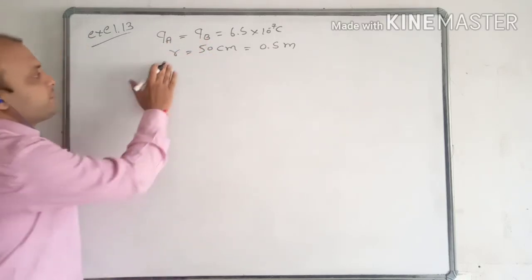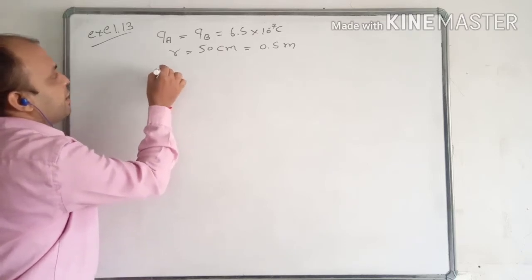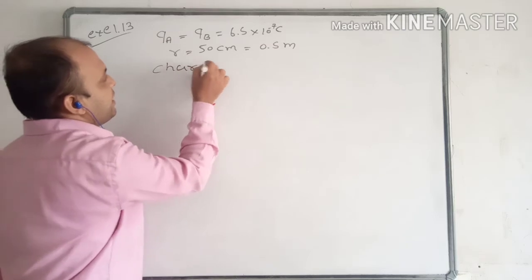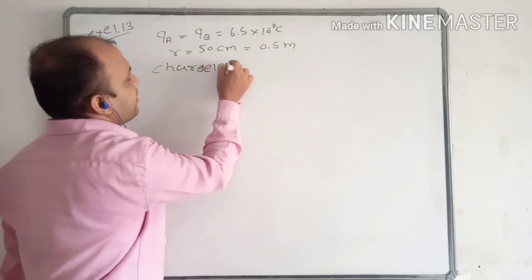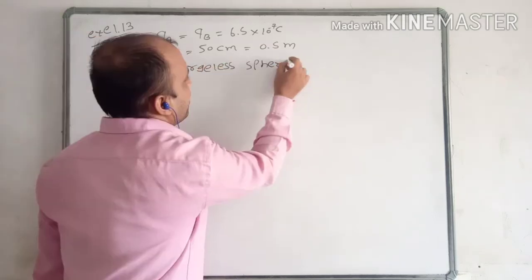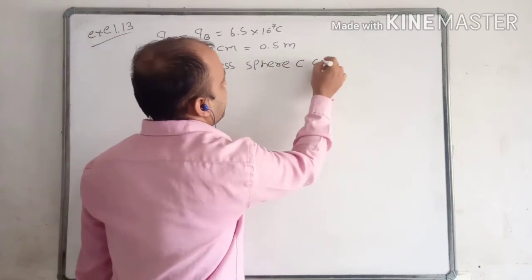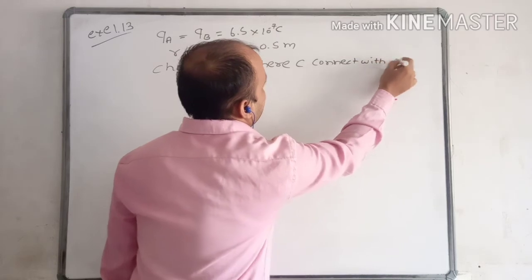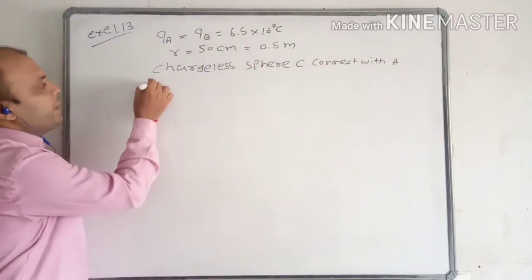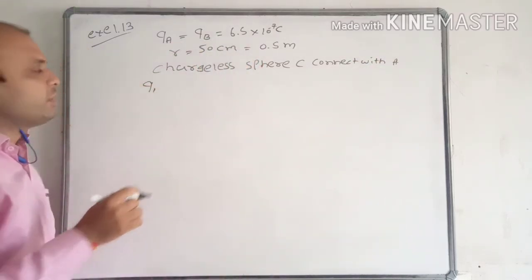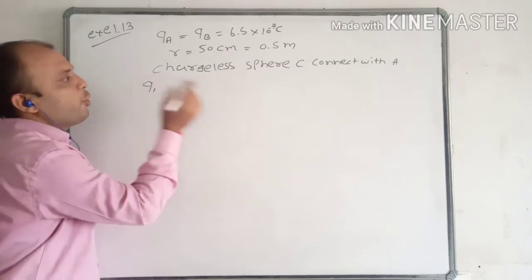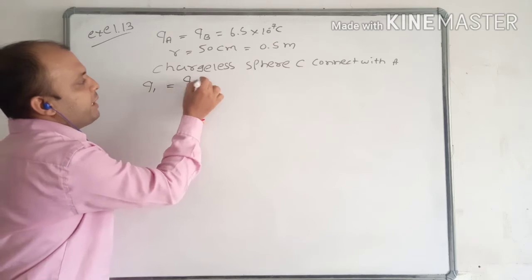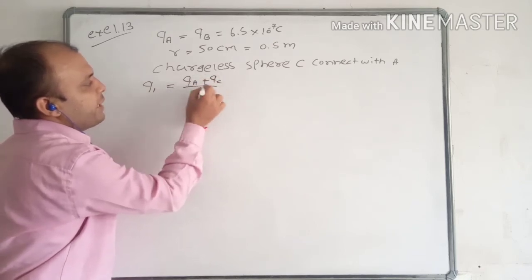So when the chargeless sphere C is connected with A, we find the charge for both A and C will be QA plus QC divided by 2.